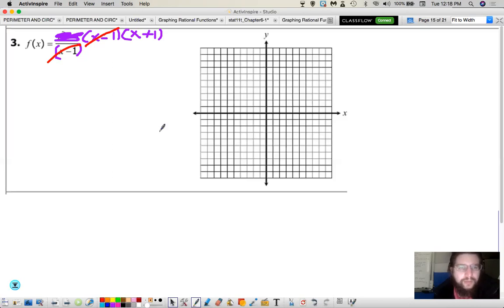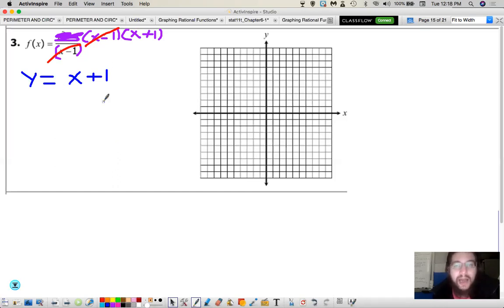Okay, so I'm left with y equals f of x equals x plus 1. I know what that is. Do you know what that is? That's a linear equation. So it's not rational.